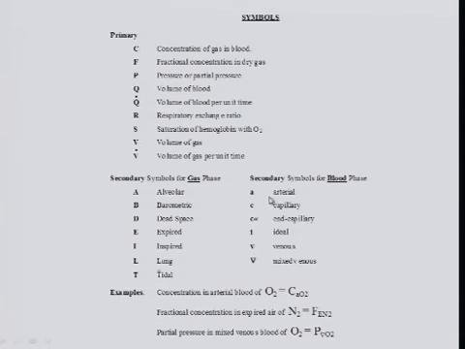Now, most of these are all in lowercase. So we have arterial, capillary, end capillary, ideal, which we won't talk about much, venous, and mixed venous. So depending on where that blood phase is, these letters will indicate that. And these are just some examples. Concentration in arterial oxygen blood.